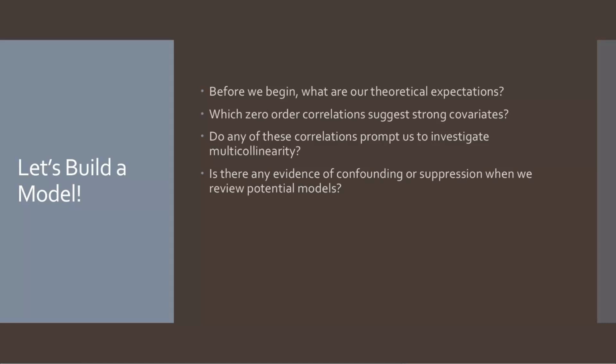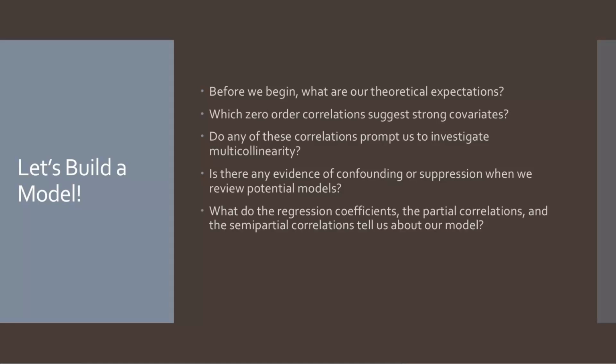Is there any evidence of confounding or suppression when we start looking at our potential models? We need to think about what we've learned in past videos about confounding and suppression and see if there's any evidence of that. What do the regression coefficients, the partial correlations, and the semi-partial correlations tell us about our model? And can we achieve parsimony?